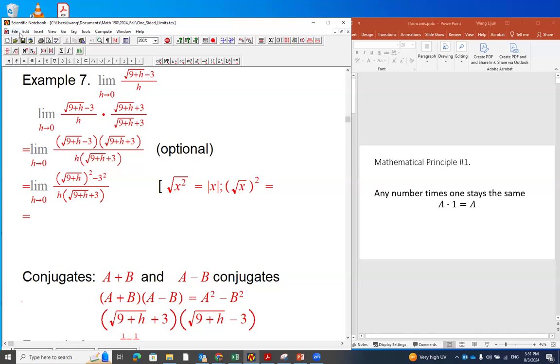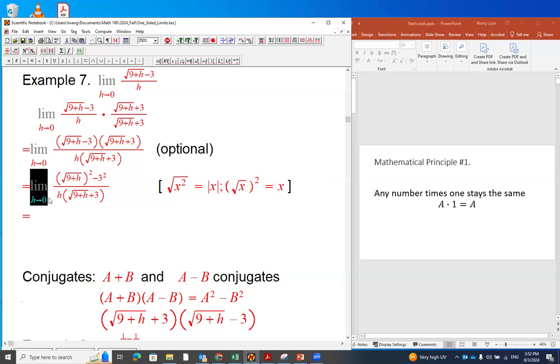What does this equal to? It equals x. And you say, why? Well, this was addressed in the previous lesson. What's the difference between these two? The domain for the first one is all real numbers. The domain for this piece is x greater than or equal to 0. So whether the square is inside or outside makes a difference. Which one applies here? The latter applies to our situation, because the square is outside.